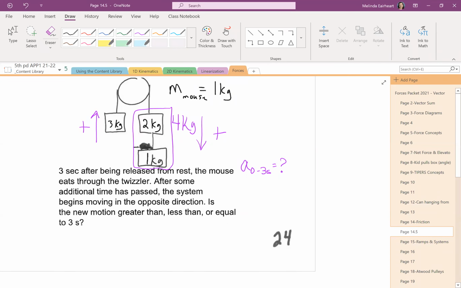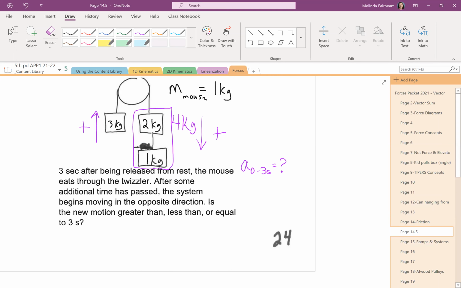We have 4 objects here. But in the first 3 seconds with that Twizzler intact, isn't it like it's just a right side system? Okay, so we'll draw a diagram for the right side system. I'm just going to draw you a different one. Okay, hopefully that one works.